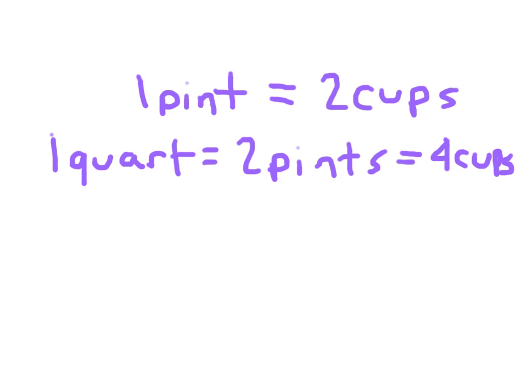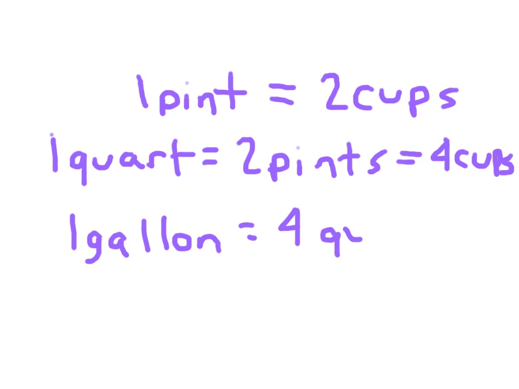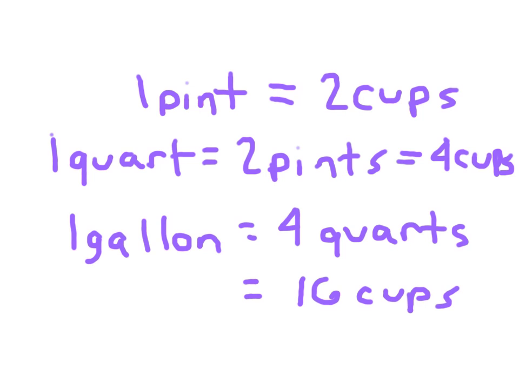Another relationship that you should remember is that 1 gallon equals 4 quarts. Since 1 gallon equals 4 quarts, 1 gallon is also equal to 16 cups, since 1 quart is 4 cups. And so what we do there is we multiply 4 times 4 to get 16.